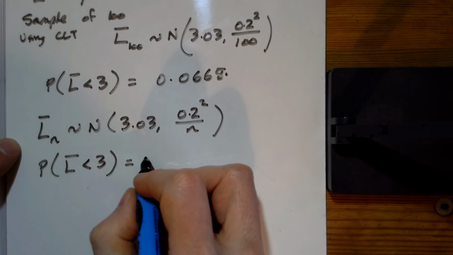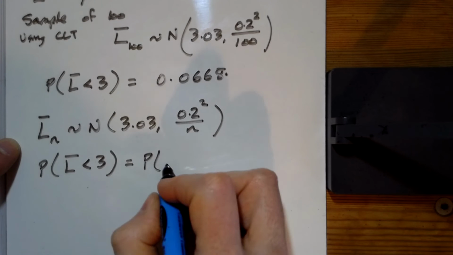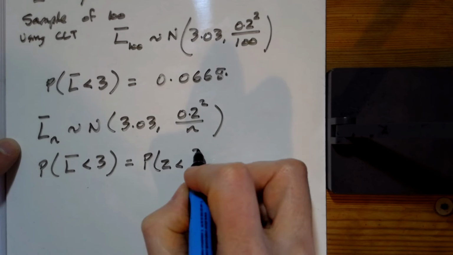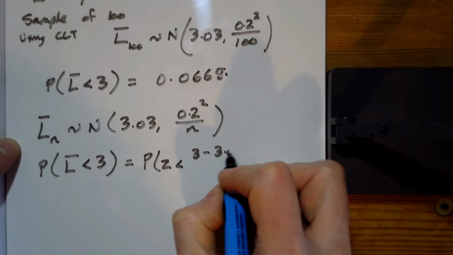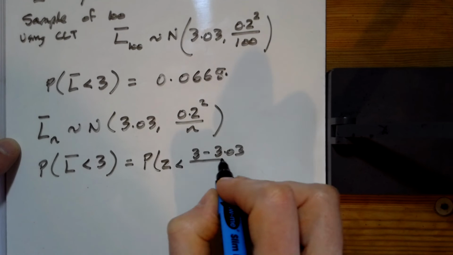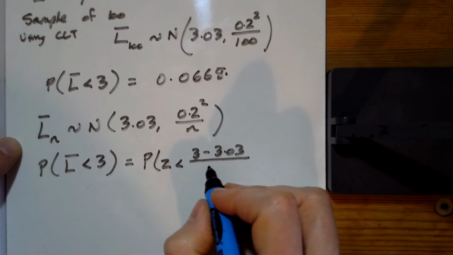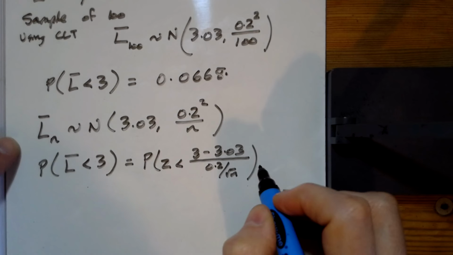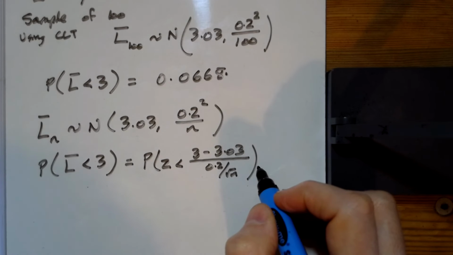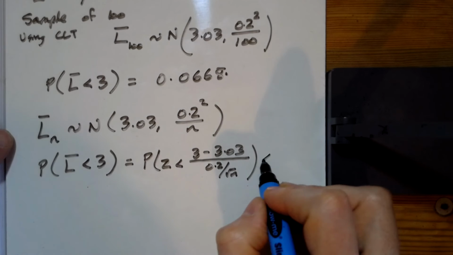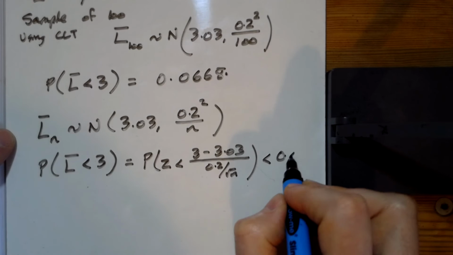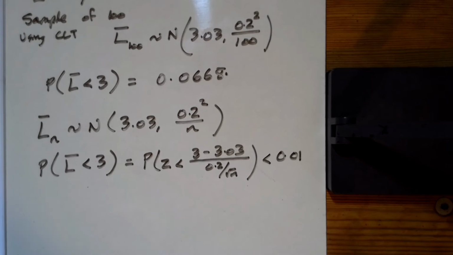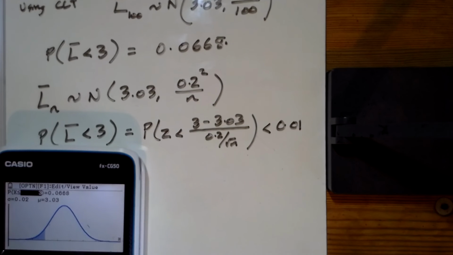So normalizing, sort of standardizing that is, 3 minus 3.03 divided by the square root of this, which is 0.2 over root n, and we need this to be less than 1%, less than 0.01. Now I'm sure we could have some fun doing an n solve with all of that, but let's just do it the old style way.